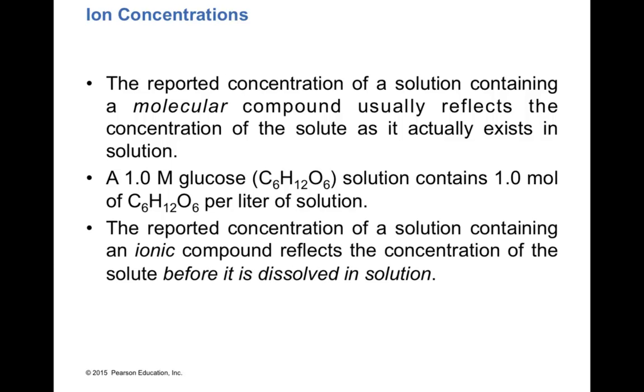The reported concentration of a solution containing an ionic compound reflects the concentration of the solid before it is dissolved in solution. Why? Remember that we mentioned in class before that when you dissolve an ionic compound, you're not just dissolving it. Also, you are doing what?